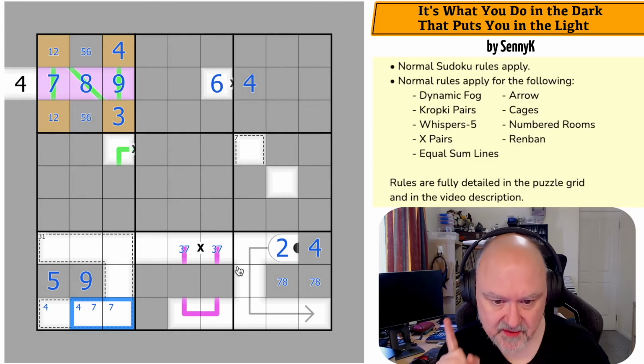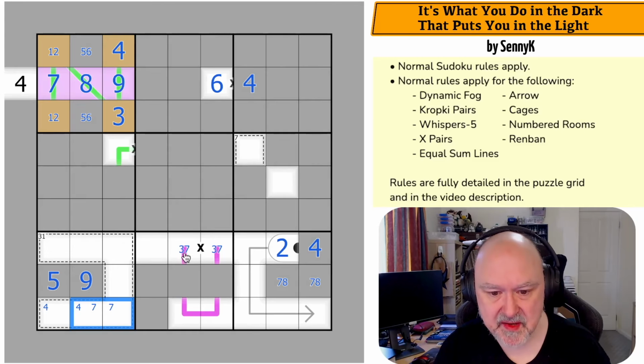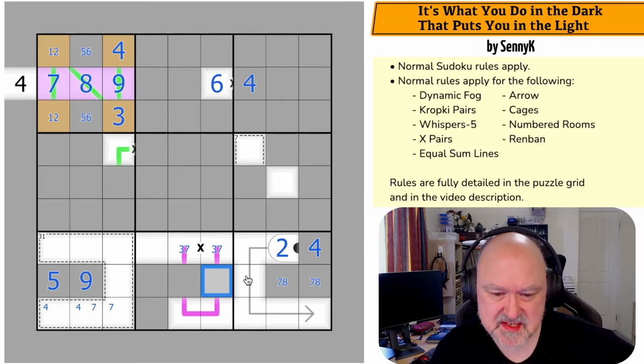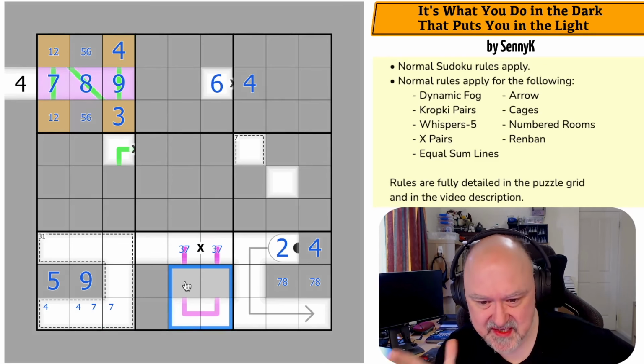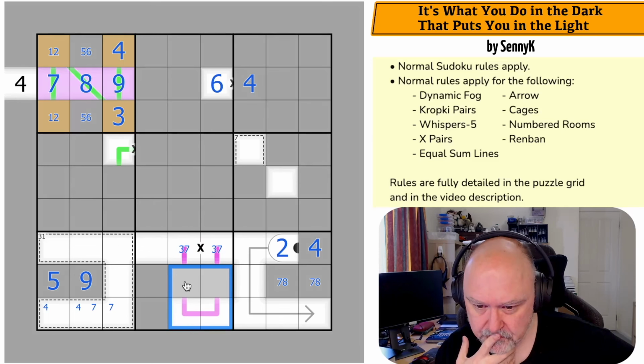Now, the question I've got is, this seems to make it 3, 4, 5, 6, 7. So I've got to put 4, that seems to put 5 down here, but what can I prove that this doesn't have a line that stops? Many of you may remember me commenting on a puzzle where that did happen in the past. Can I prove that that is not what's happening here?